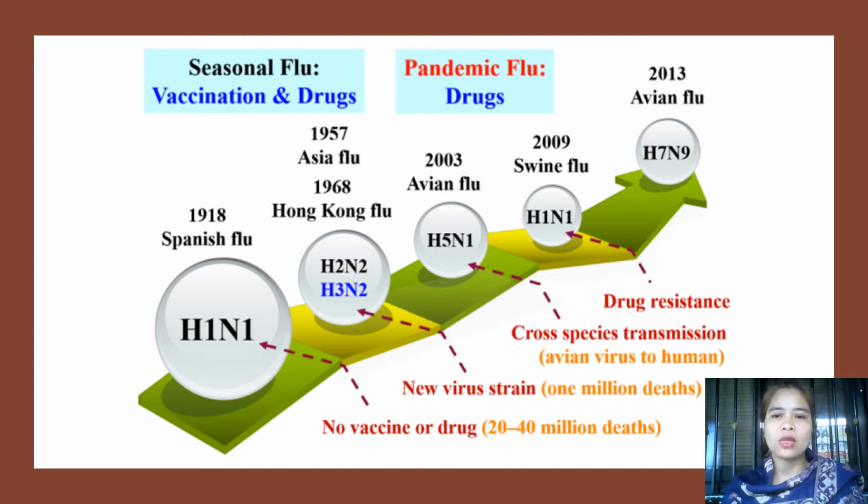And by 2013, another strain of avian virus, H7N9, infected and affected the world. So flu basically has a vaccine for seasonal flu, but for the rest, there is still no vaccine available for us.